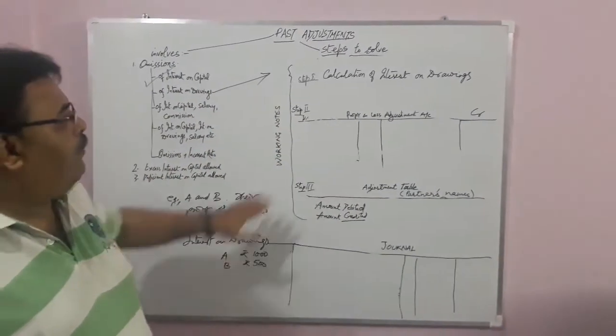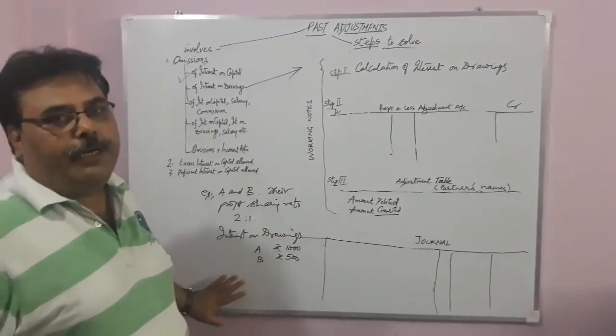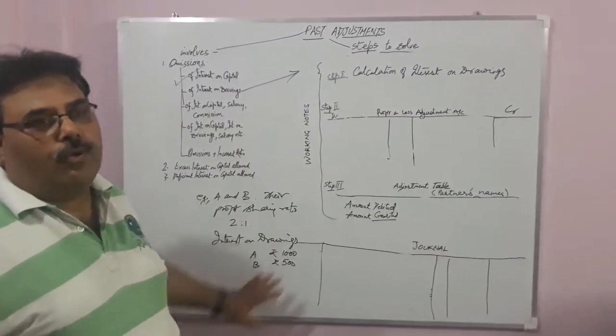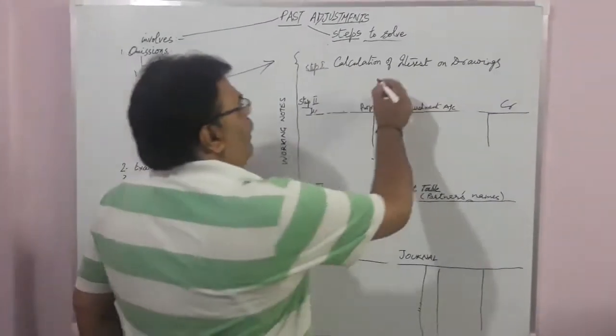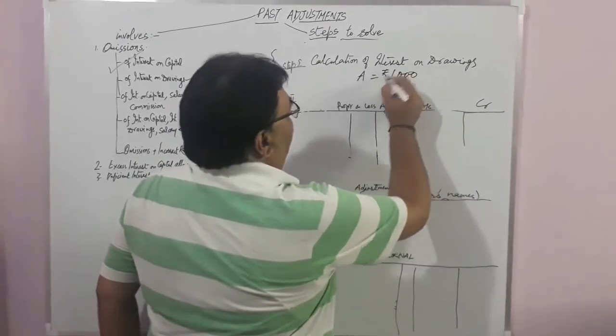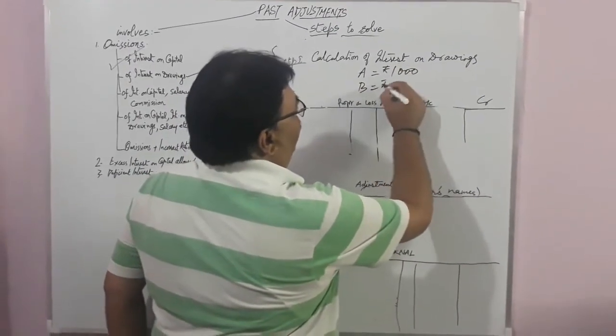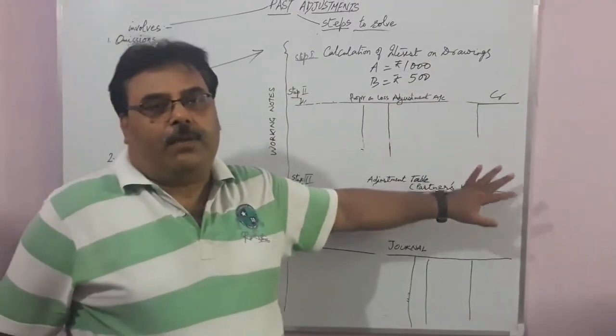First you have to calculate interest on drawings, but in this question I have already taken interest on drawings, so there is no need to calculate it here. Just write interest on drawings for A rupees 1000 and for B rupees 500. Now performing the double entry system.